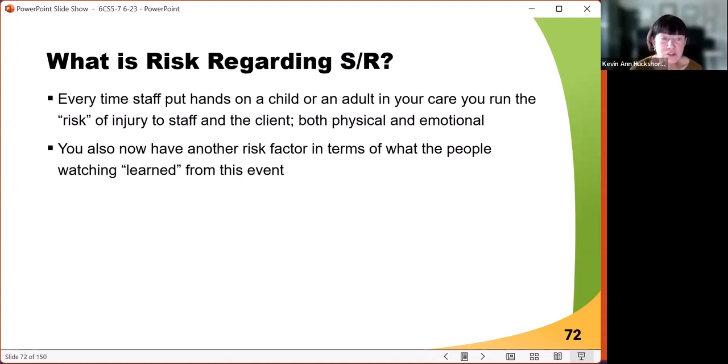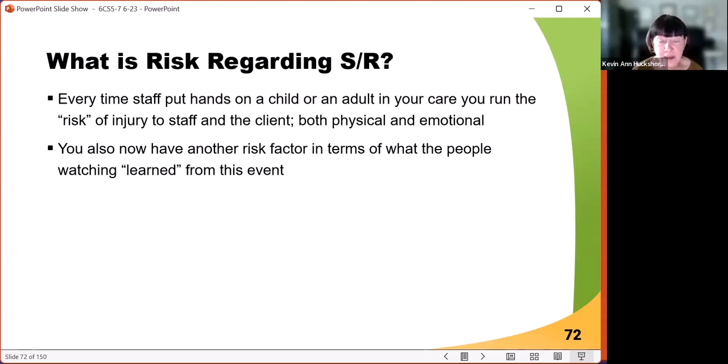Risk regarding seclusion restraint is that every single time you put hands on a child or an adult in your care, you run the risk of being injured or having the client get injured, both physical and emotional risk and injury. And you also have another risk factor, which is what everybody else standing around and watching just learned, quote unquote, from this event.